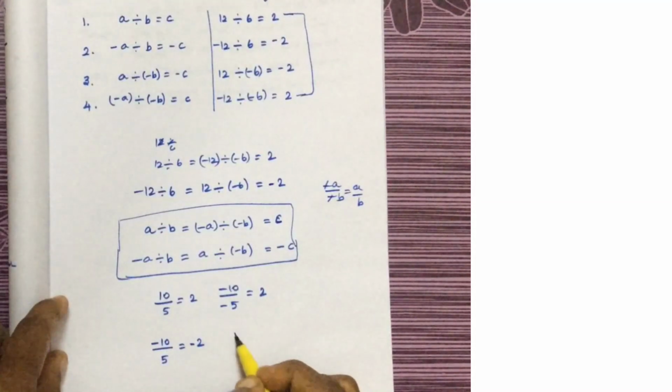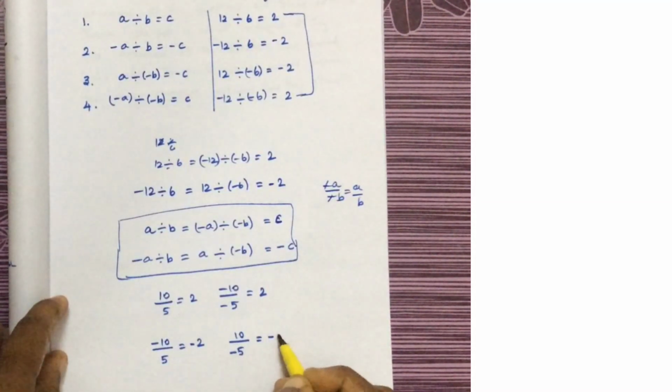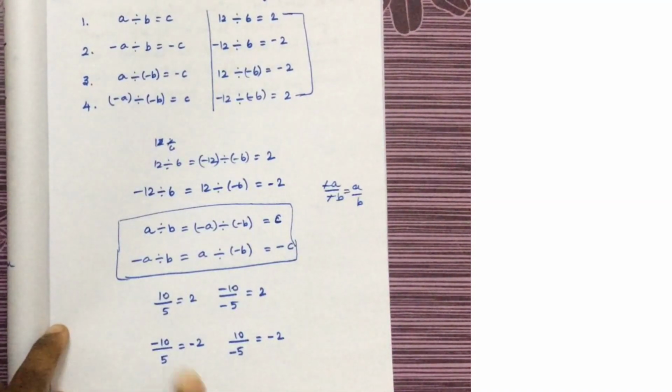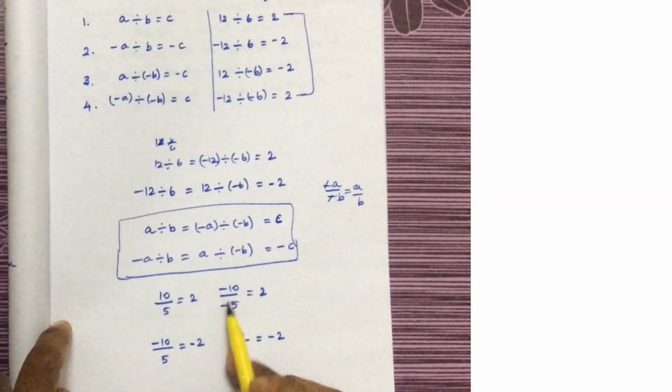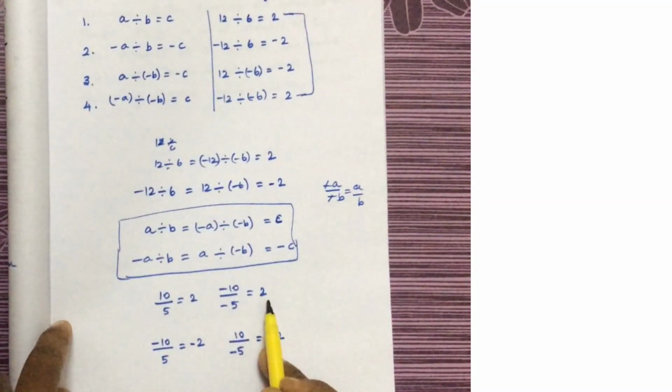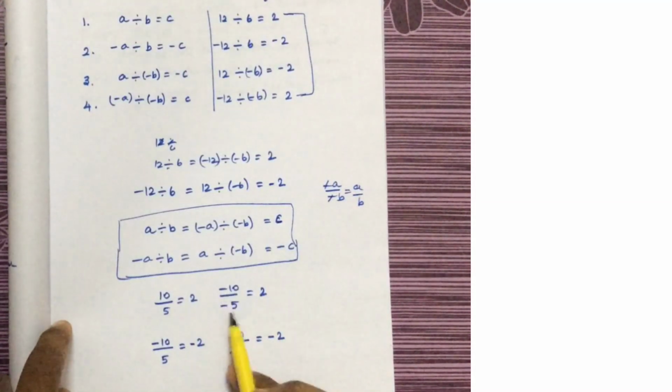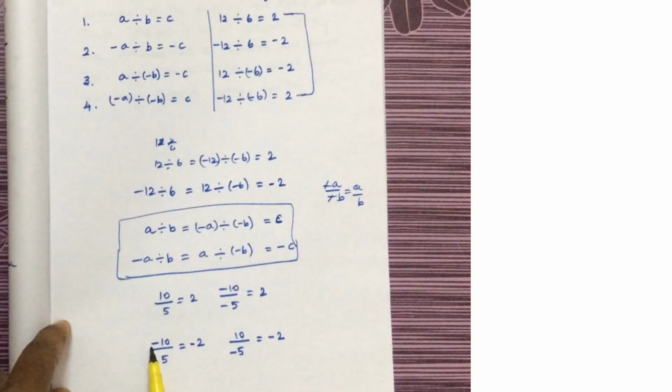The same thing, 10 divided by minus 5, the answer is minus 2. Only these 4 cases we have to remember. If both are positive, the answer is positive. If both are negative also, the answer is positive, because this minus and this minus get cancelled. If the negative sign is either in the numerator or in the denominator, they both give the same result.